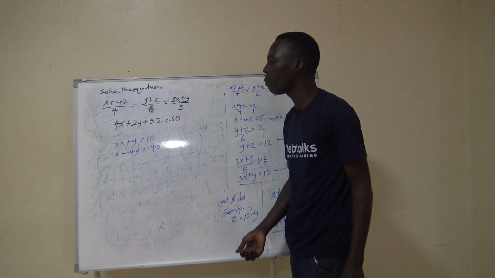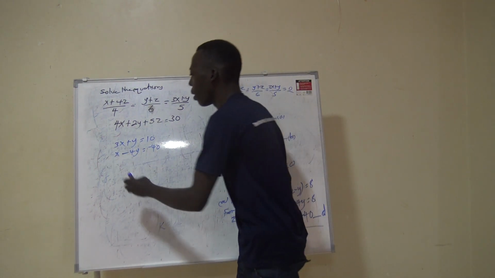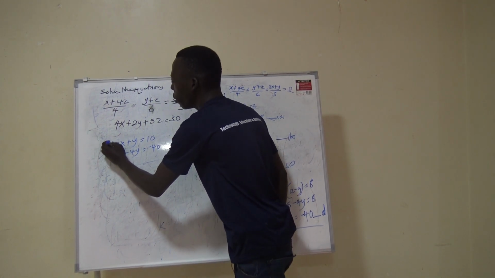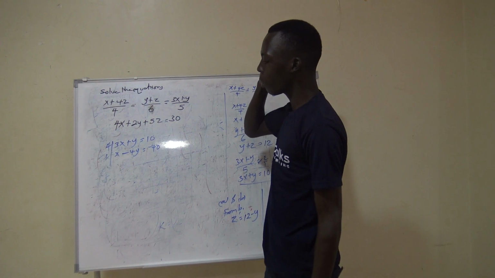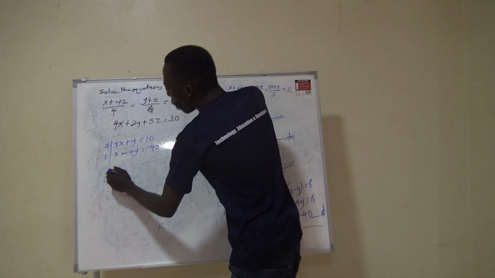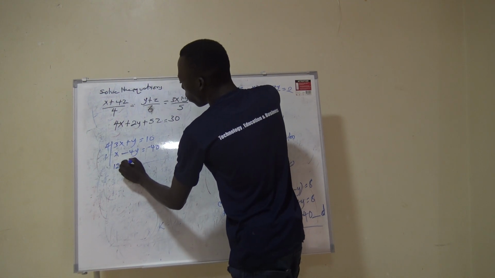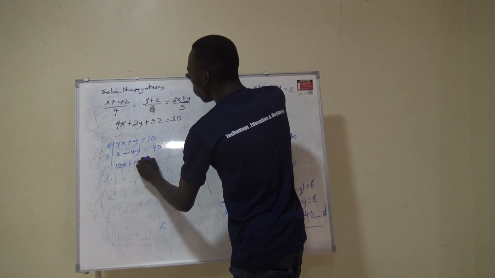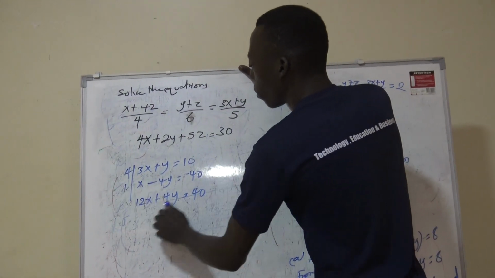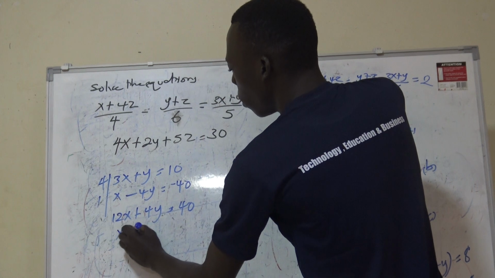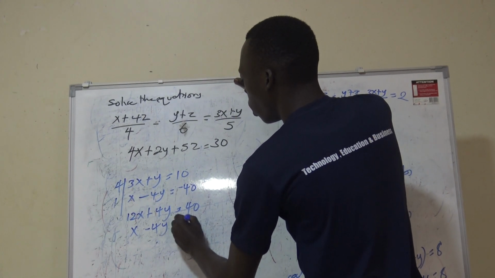I'm going to eliminate y by multiplying the first one by 4 and the second by 1. So here I will have 12x plus 4y equals 40, and the other remains the same, x minus 4y equals negative 40.